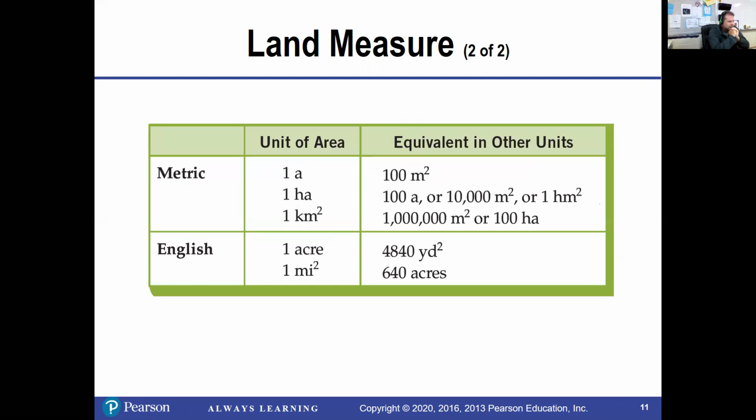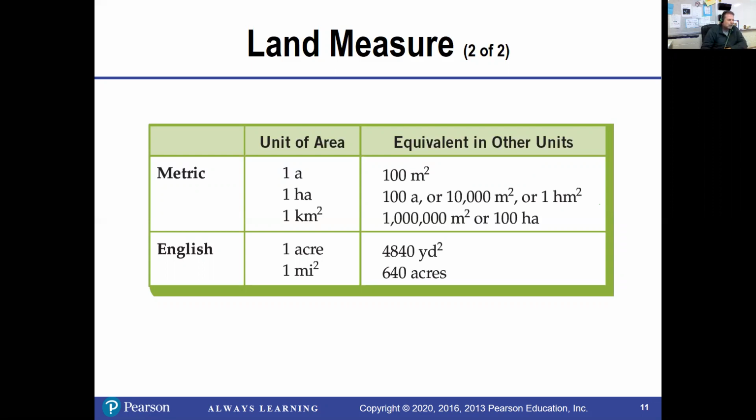A kilometer squared would be 100 hectares by itself. And then you have an acre, and I don't do a whole lot with these. You don't have to know a whole lot of these. You do need a term of an acre. A square mile is 640 acres, which would make it 80 by 80, right?